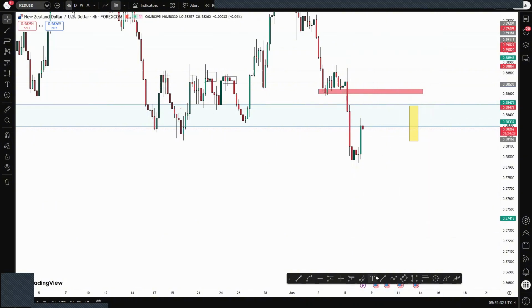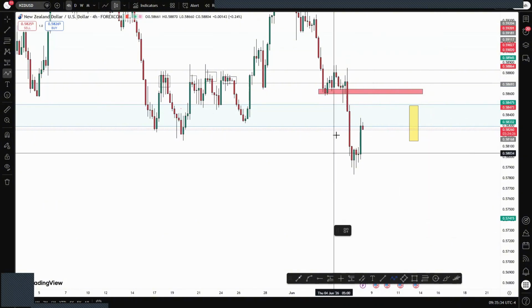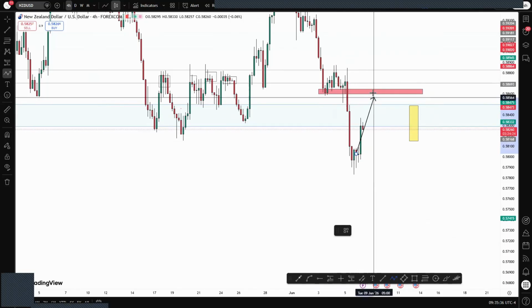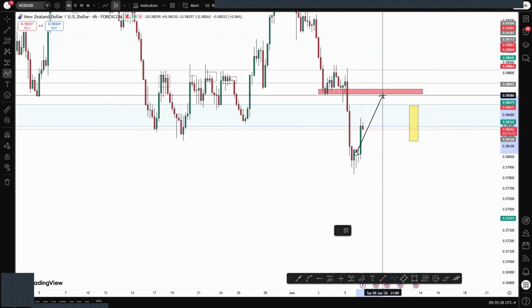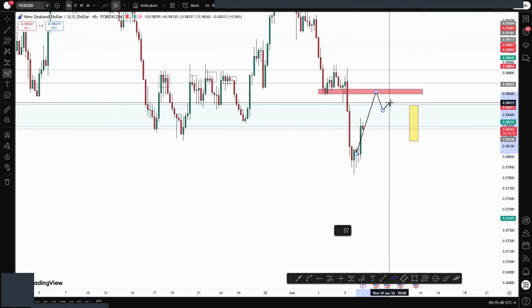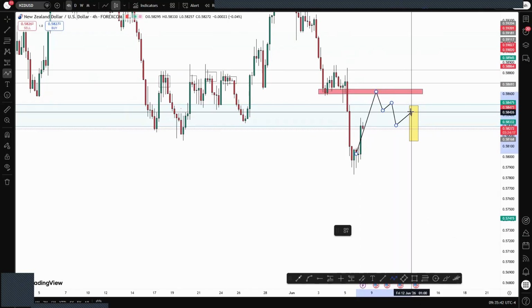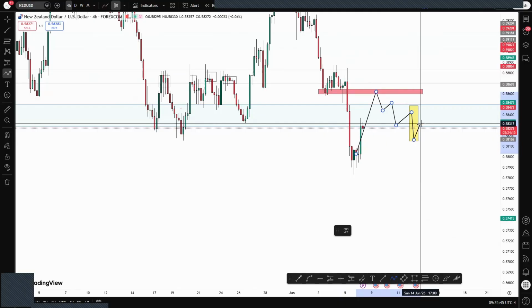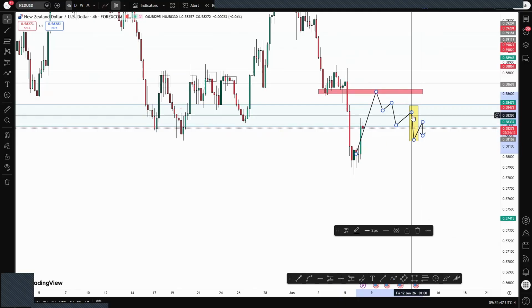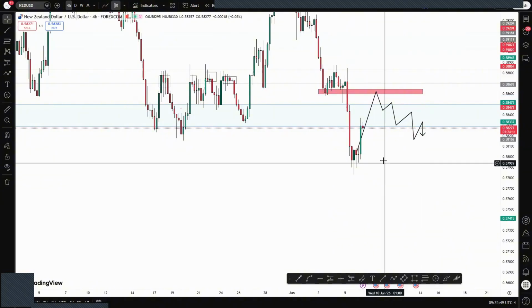If price comes back at this point here, this is still fine. And if it doesn't break above, then price starts making lower lows and lower highs, lower lows and lower highs. I can still sell.